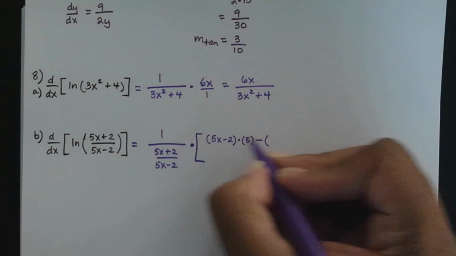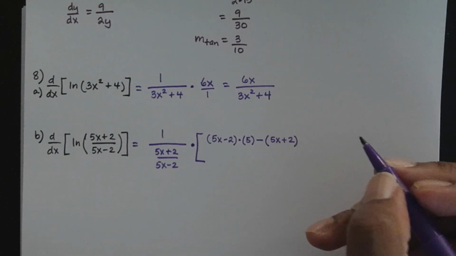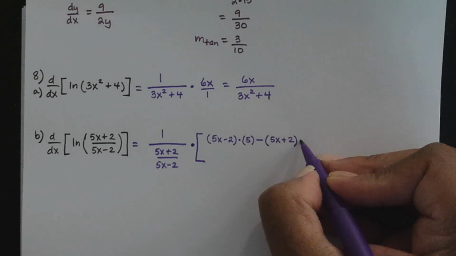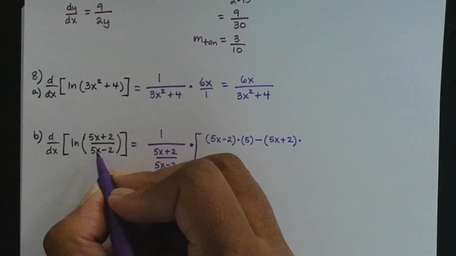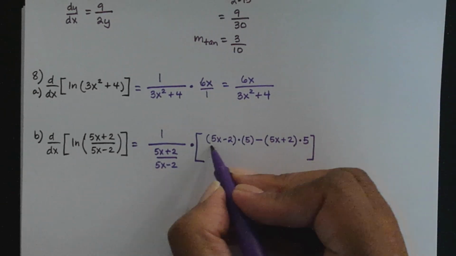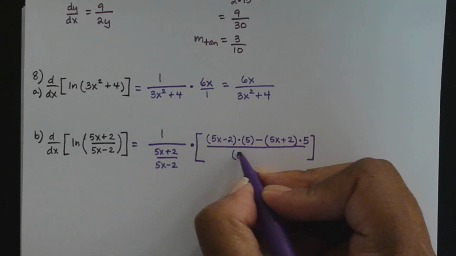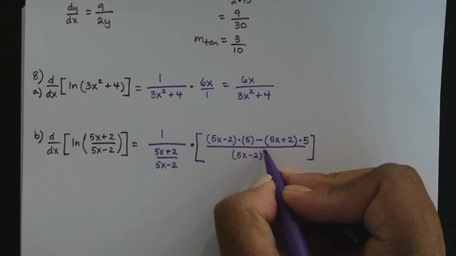Minus the high, that's the 5x plus 2, times the derivative of the low. Derivative of this low would be what? 5. And all that's divided by the square of that low, which is 5x minus 2.